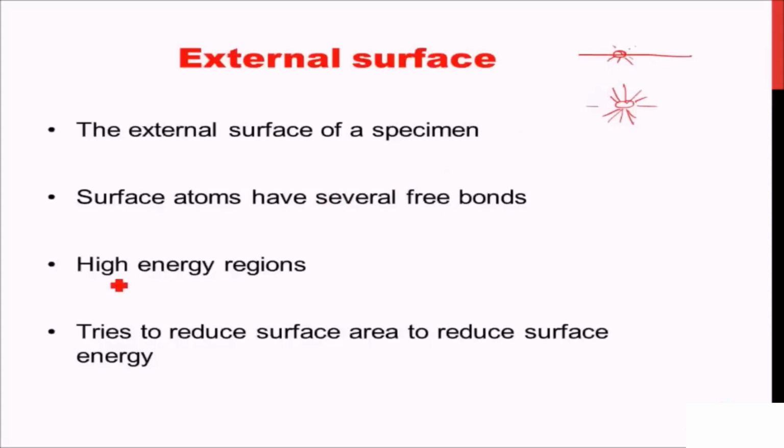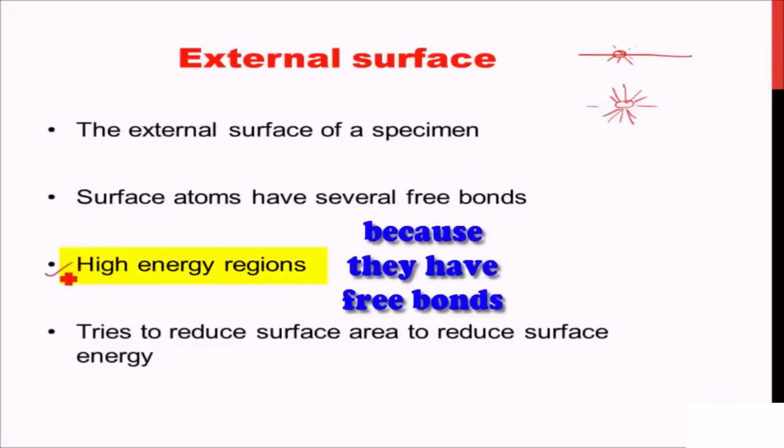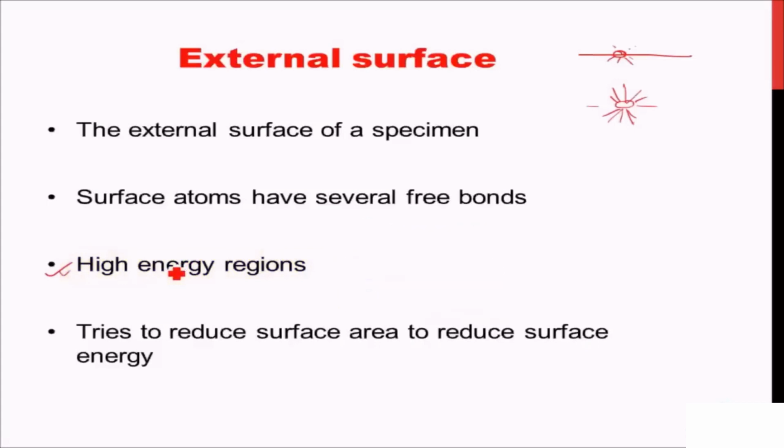Therefore, as I have written here, external surfaces are regions of high energy because they have free bonds. In the ideal case, the material would try to minimize the external surface area. Therefore, during solidification, it will try to solidify in a spherical manner, right? But once the solid is there, it is intact, and there cannot be any changes in the surface area.